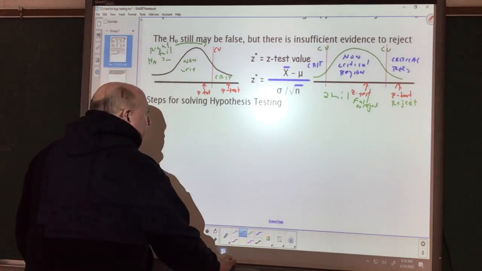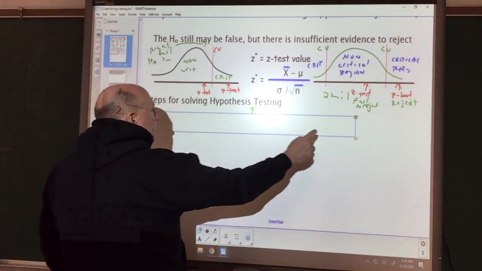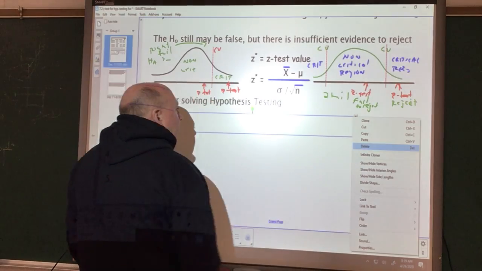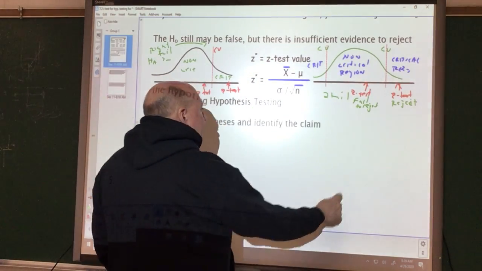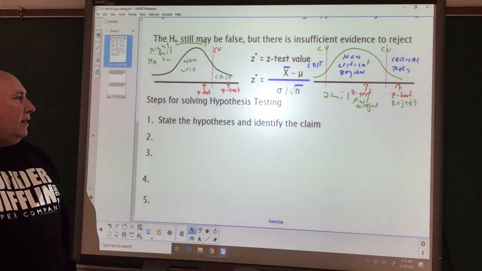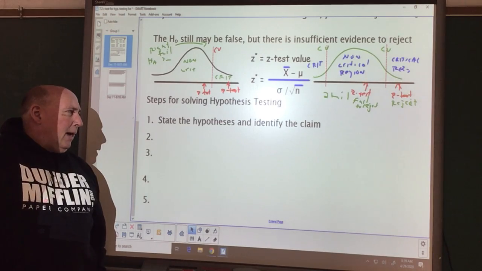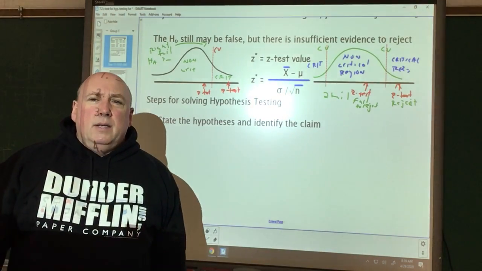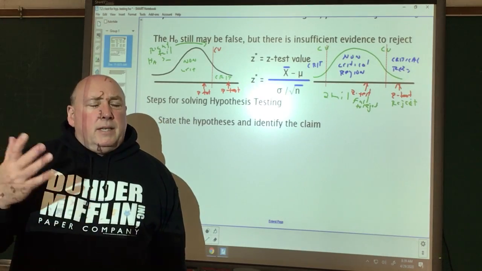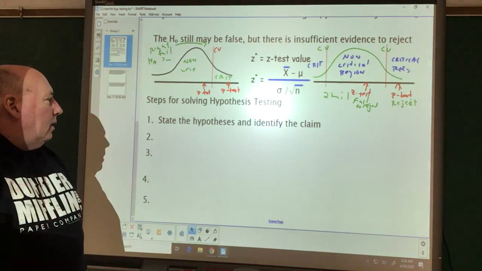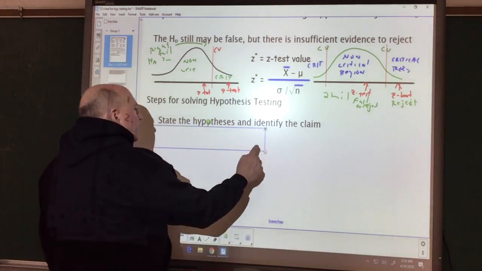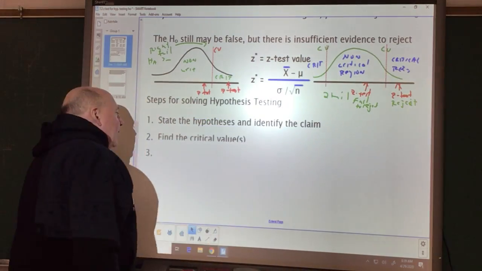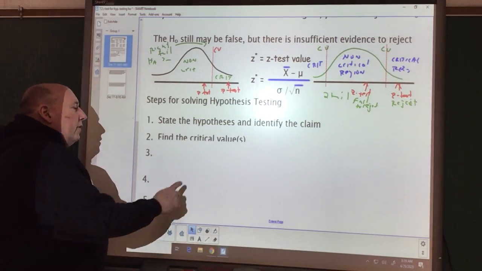Steps for solving hypothesis testing. We state the hypothesis and identify the claim. Sometimes you have to identify the claim. You know, I'll sometimes state it, sometimes I won't. We just need to get the null and alternate hypothesis down there. Find your critical values.